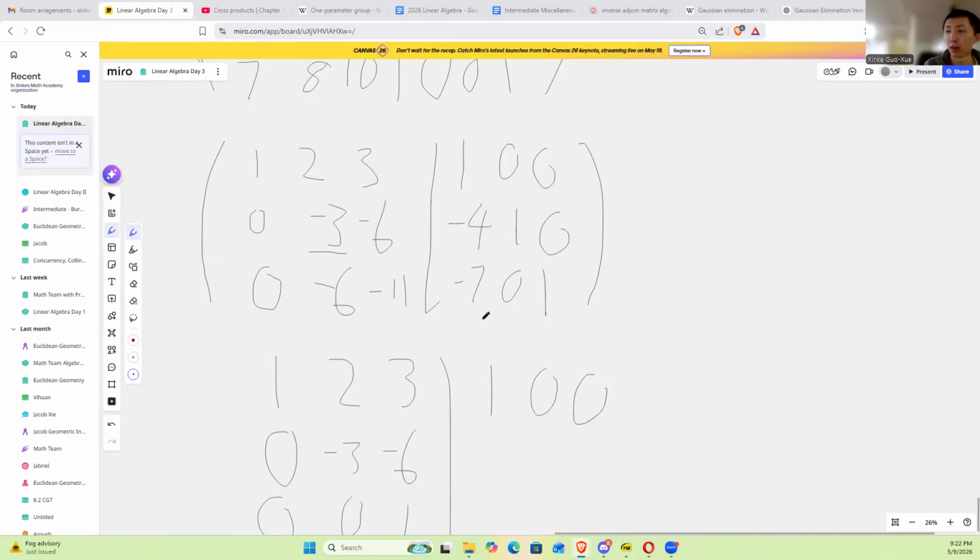Now we have to do the same thing to the matrix on the right. We added -2 times row 2 to row 3, so this will be 1, -2, 1.